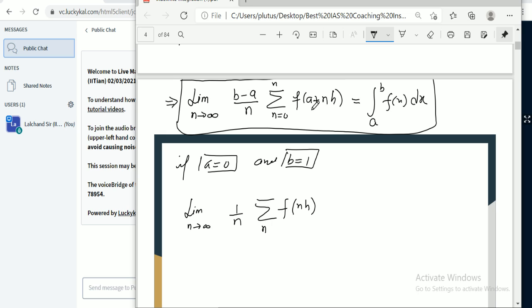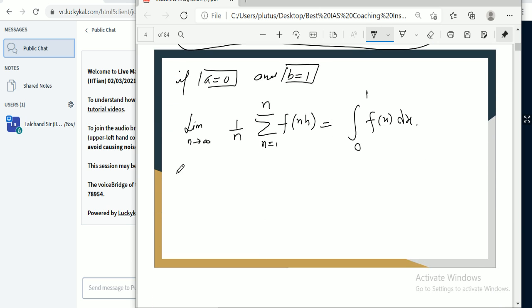We can take an approximation: instead of 0 we can start with n equal to 1 to n. Okay, so this equation will be equal to the integral from 0 to 1 of f(x) dx. Simply.